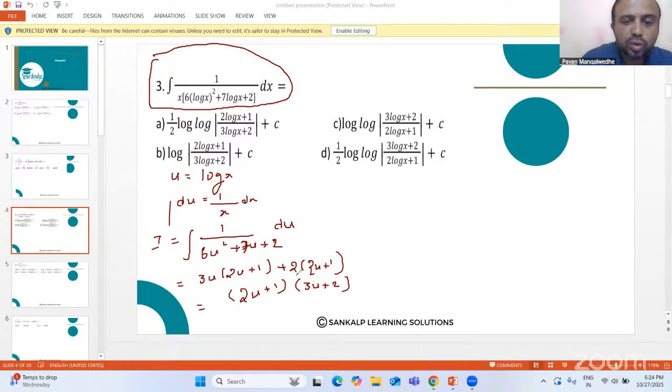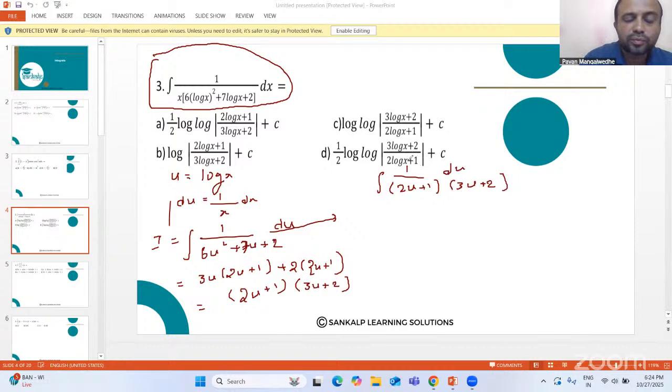So now the new form of this integration becomes the integration of 1 upon 2u plus 1 into 3u plus 2, du.